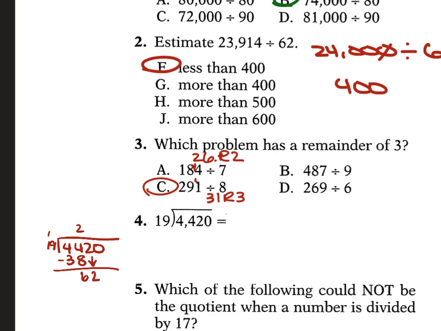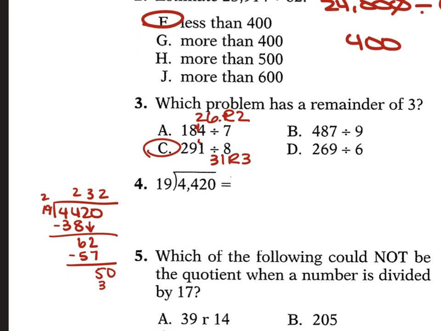Bring down the 2. 19 goes into 62 3 times. 3 times 9 is 27. 3 times 1 plus 2 is 5. We subtract. So this is going to give us 5. Carry the 1 down. So then we have 19 goes into 50 2 times with 38, because we already did that. We subtract these, this becomes a 10, this becomes a 4, so that's 12. So this is 232 remainder 12.